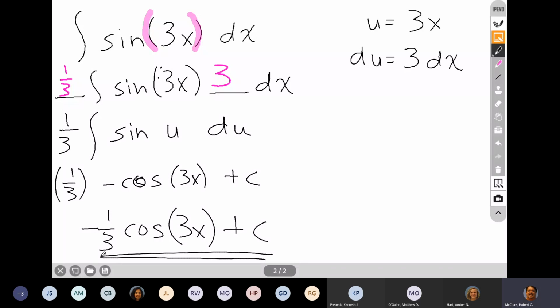Now you could say negative cosine of 3x over 3 plus c. You could do that also. Okay, I think I wrote this thing down right.